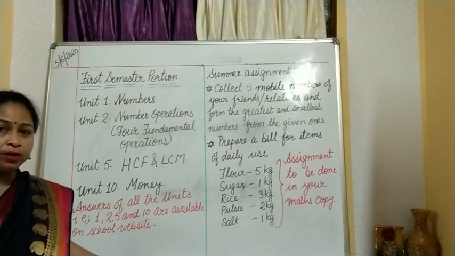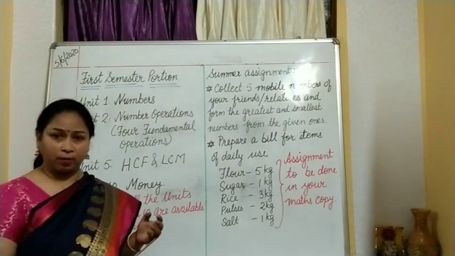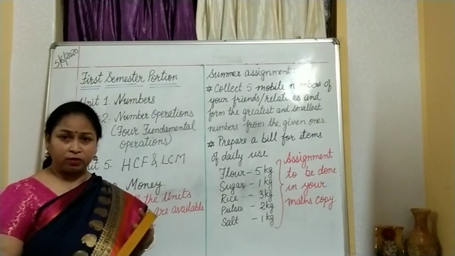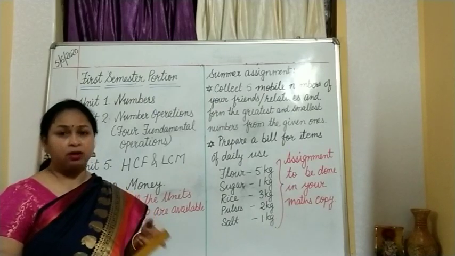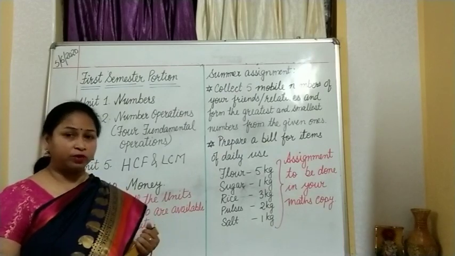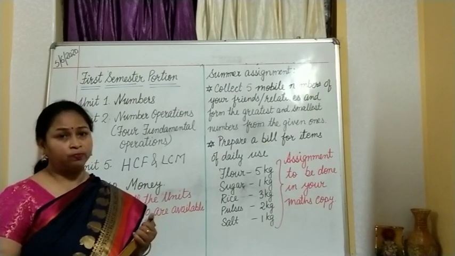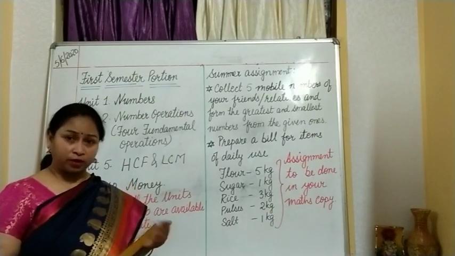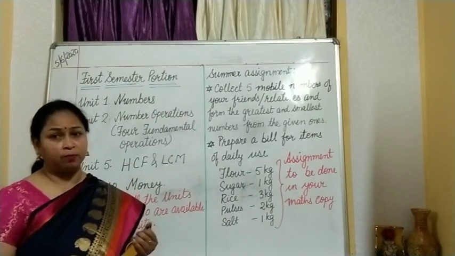We have completed each and every exercise of numbers, isn't it? Large numbers we have done. We did Indian place value chart, international place value chart. We have also completed face value and place value, and the difference between place value and face value. Then we have learned the greatest number, formation of greatest number, formation of smallest number.